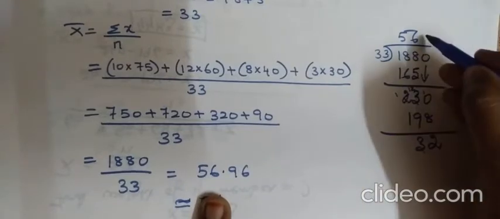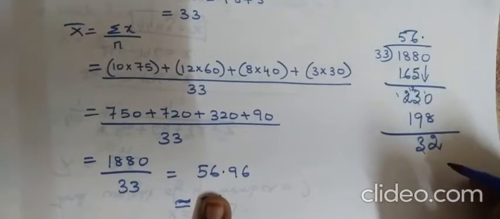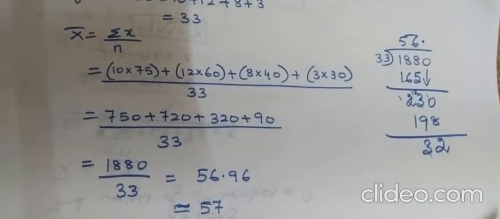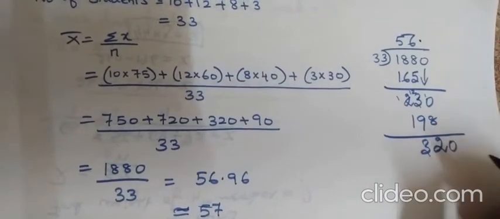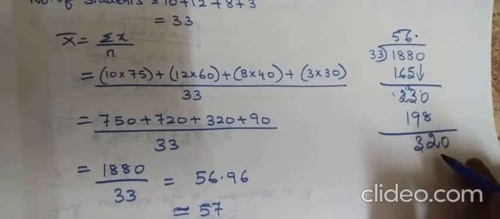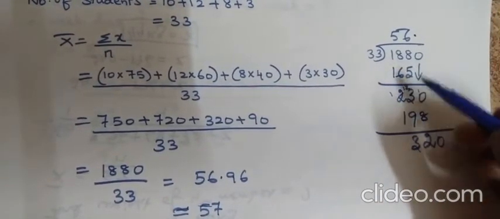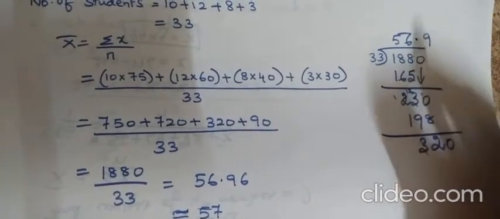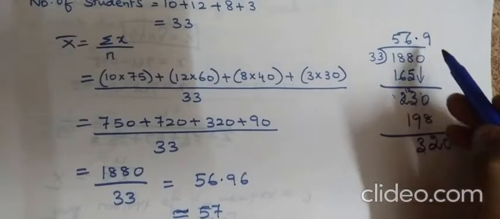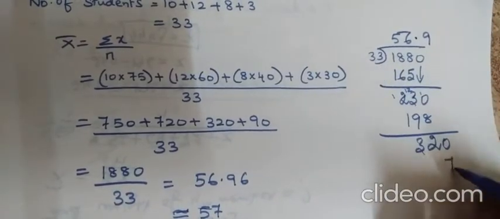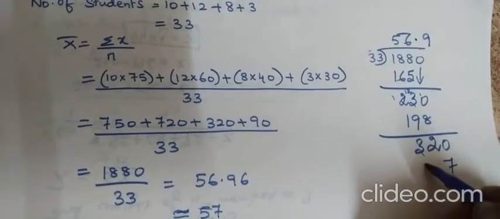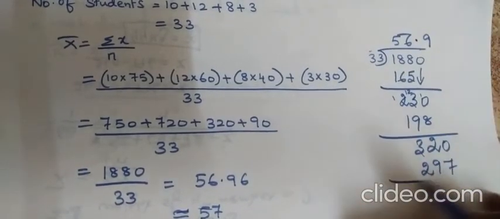Then again we cannot divide it. So we can put a decimal point and add 0. Then 320. So again 198, 165. So I'm going to take the 9 table. 33 9s are: 9 3s are 27, carry 2. Again 9 3s are 27, plus 2, 29.